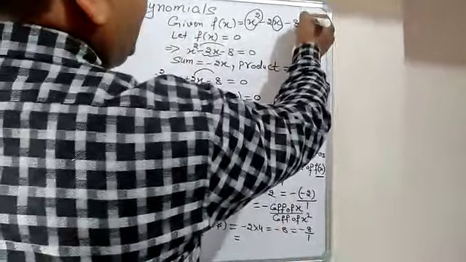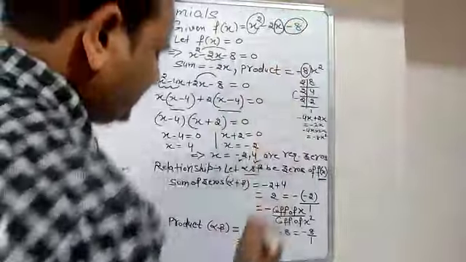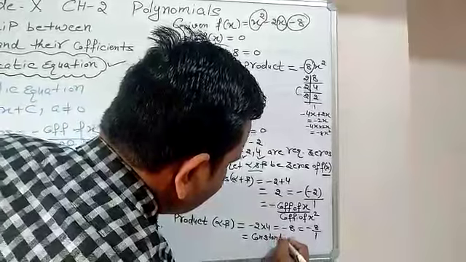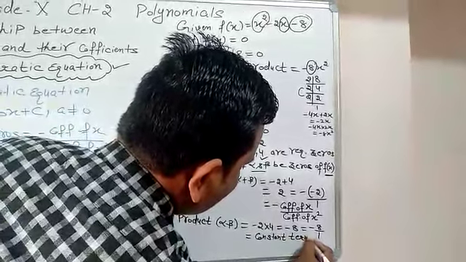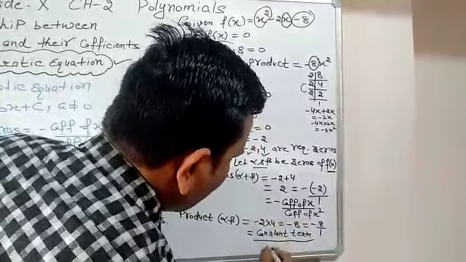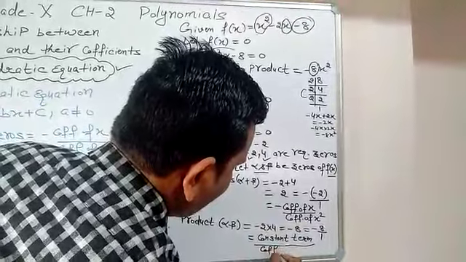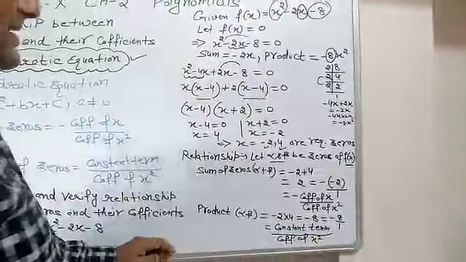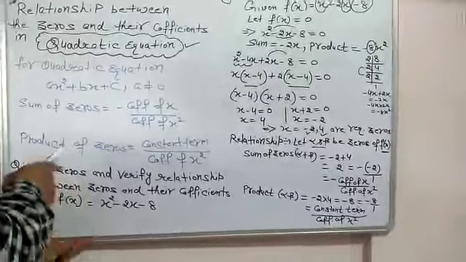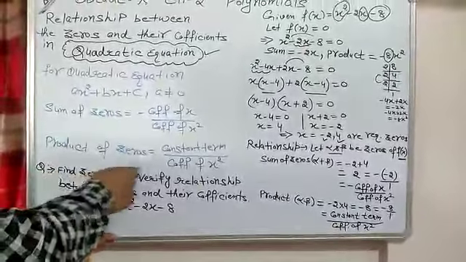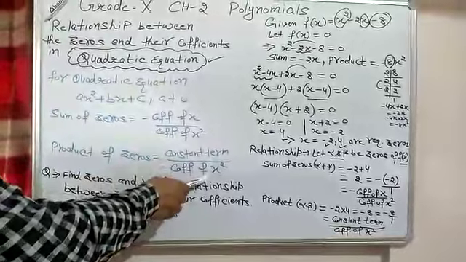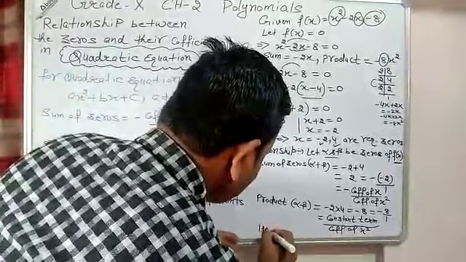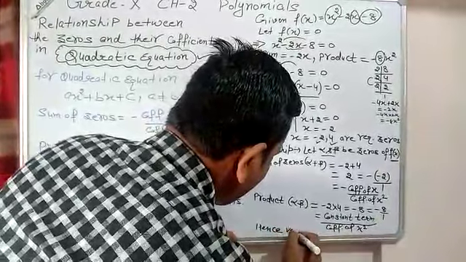Minus 8 is our constant term, and 1, we already know, is the coefficient of x square. So you can see that according to the formula, the product of zeros is equal to constant term upon coefficient of x square. Hence verified. Hence the relation is verified.